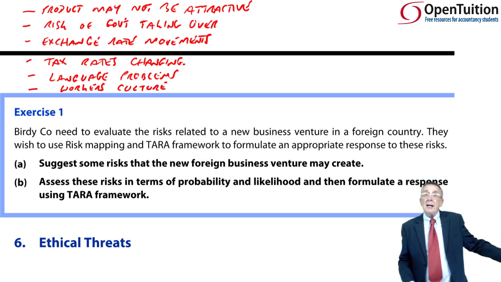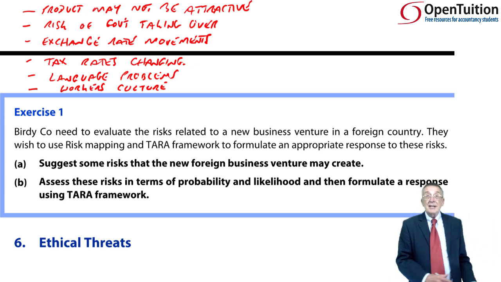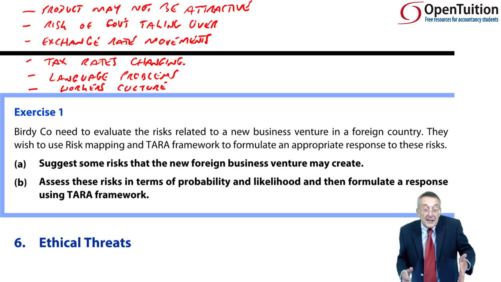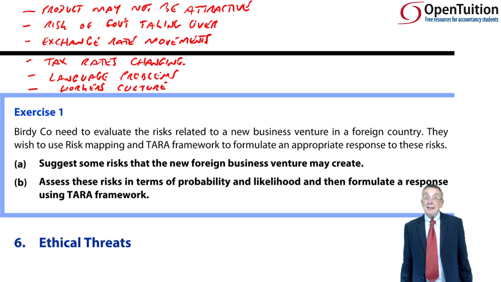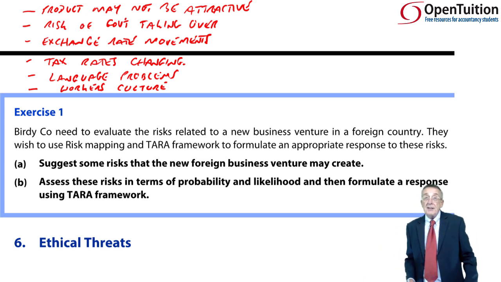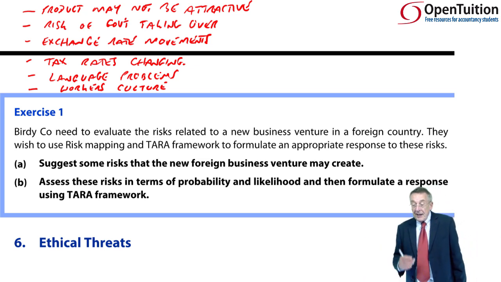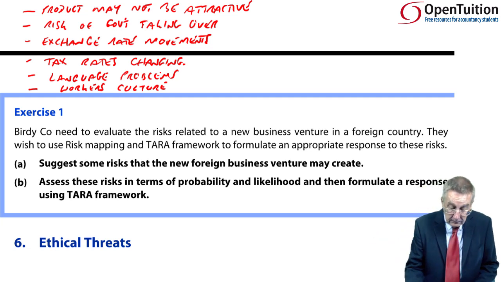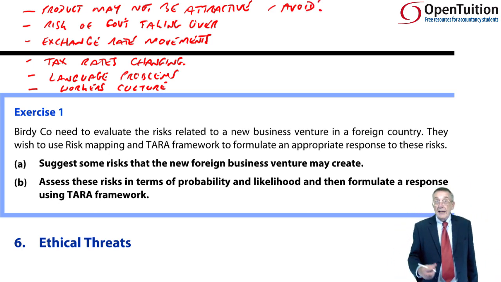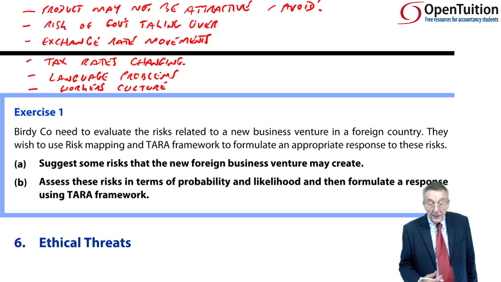Maybe we already sell the product in other countries and it's very successful. Or maybe it's a completely new product that we've never sold anywhere, it's just unique to this country we're going to. And so in that case, we may say that we should avoid it completely if we thought it was highly likely and a high impact on the consequences.